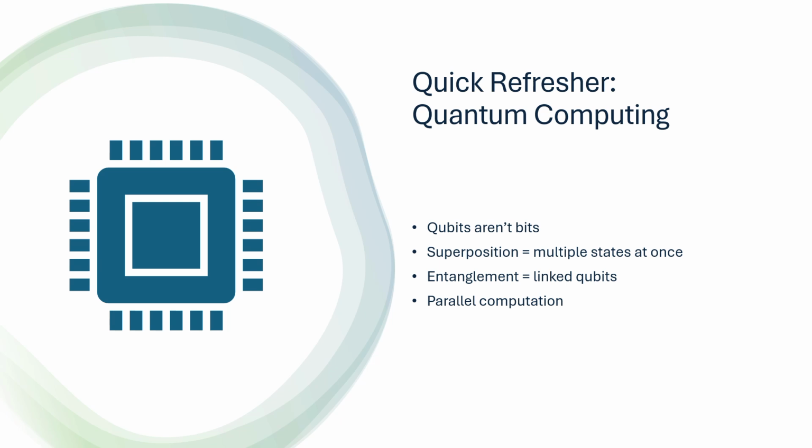And so it's not limited to just 0 or 1, and that holds a lot more computational power and a lot more possibilities. There's also entanglement, where you have qubits that are entangled down to a physical level.